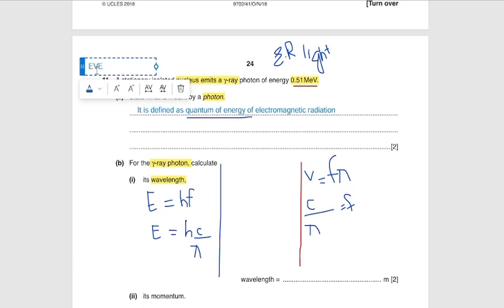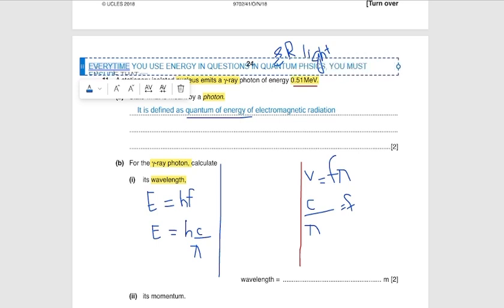One thing that you always need to ensure every time you use energy in questions in quantum physics is that energy is in joules.